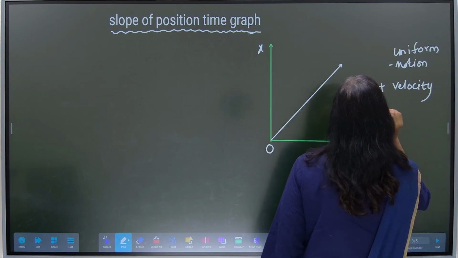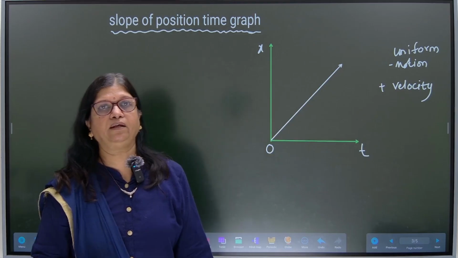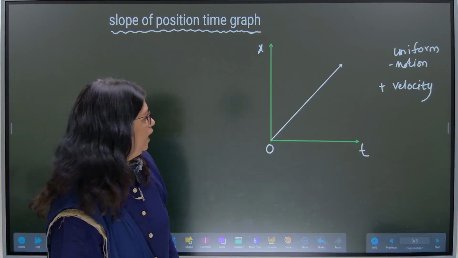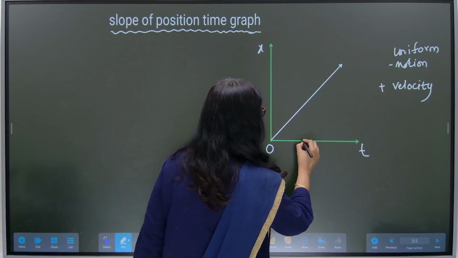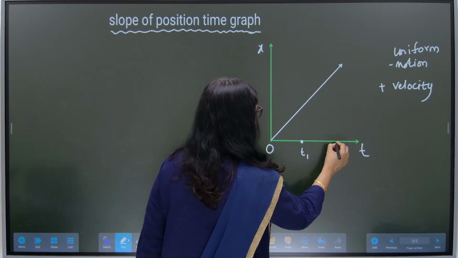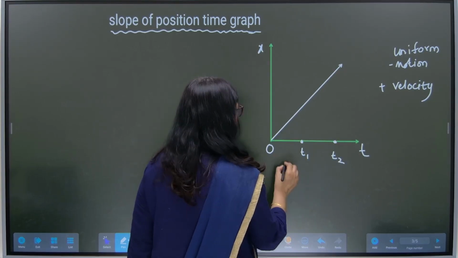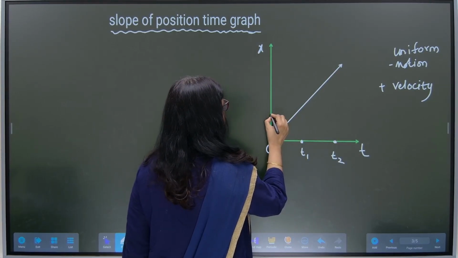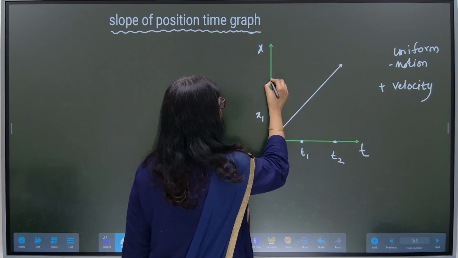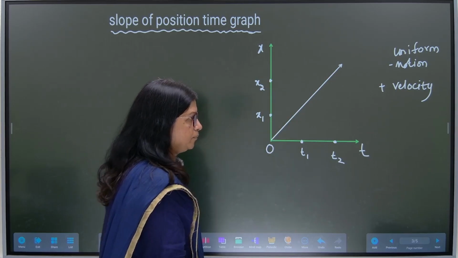Okay. So with the help of the graph, how do we calculate the velocity of a body? Let us consider one initial time t1 and another time t2 for which the positions are x1 and x2 respectively.